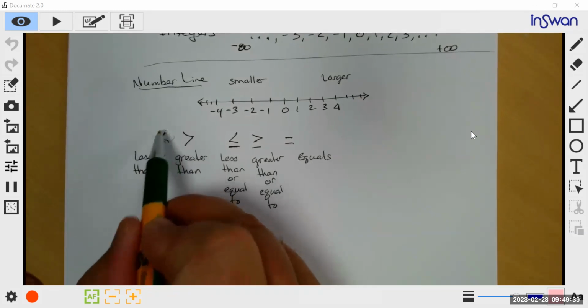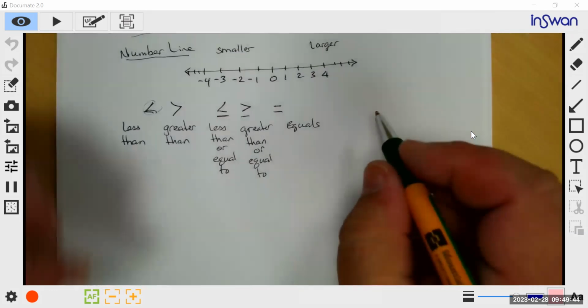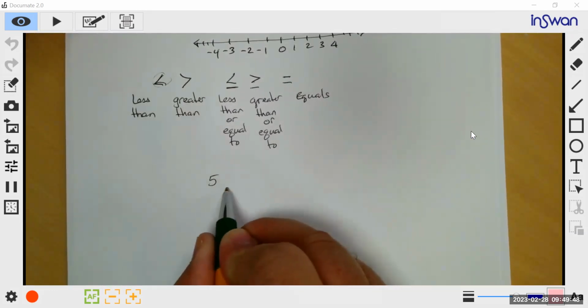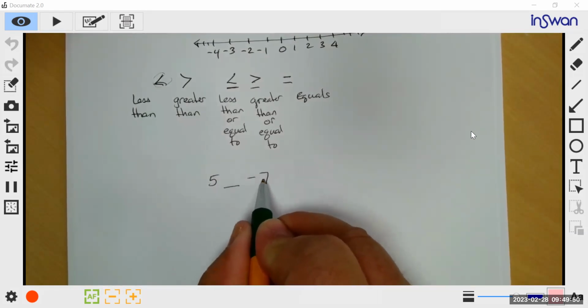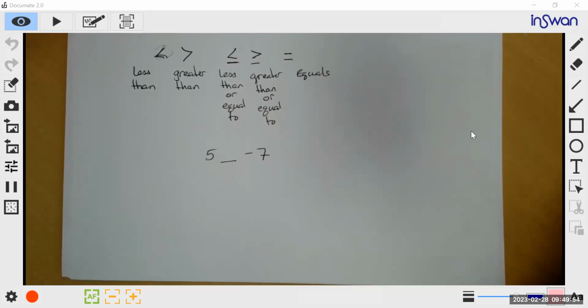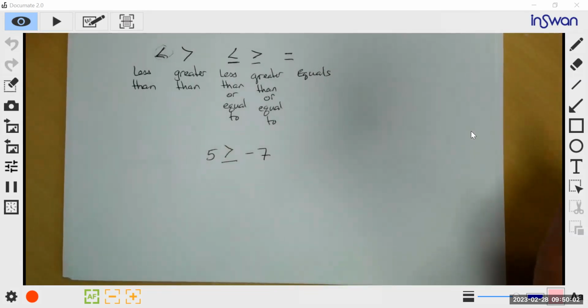This is a statement of itself. It means nothing unless you have numbers in front of it and behind it. What symbol goes there? Right.